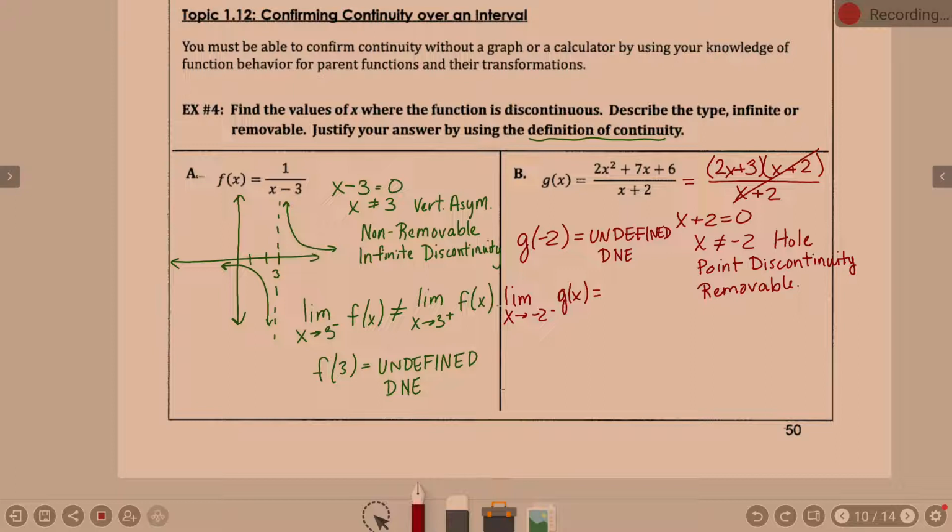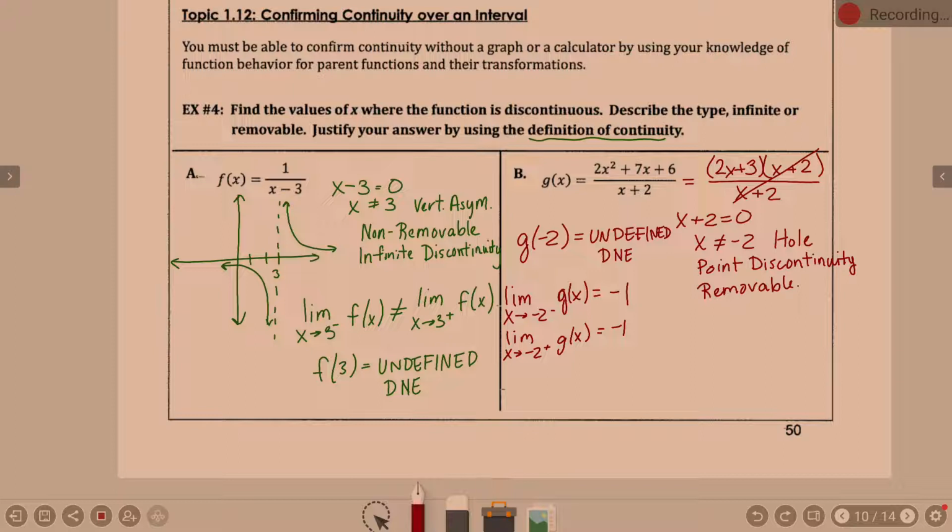Negative 4 plus 3, so I'm just plugging into what remains, 2x plus 3, is negative 1. If I do the limit as x approaches negative 2 from the right, it's going to be the same thing. Because basically this graph is going to be the line 2x plus 3 with a hole on it.